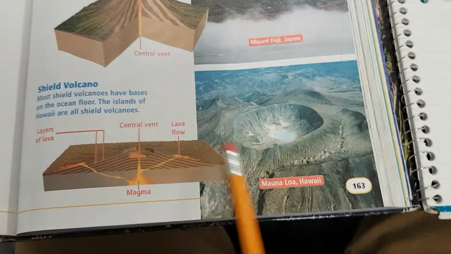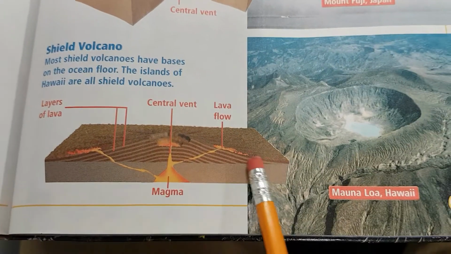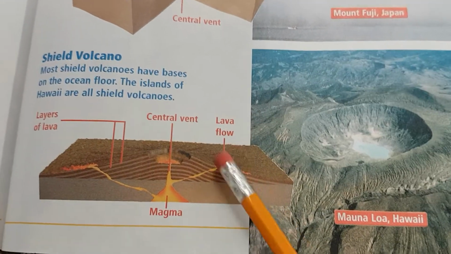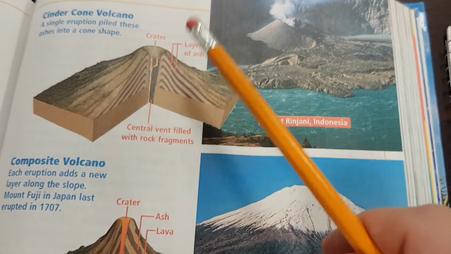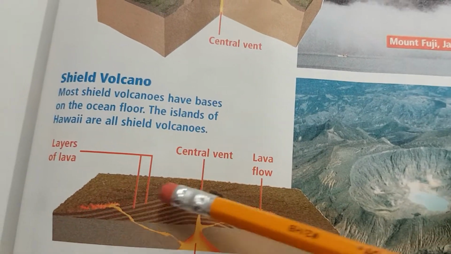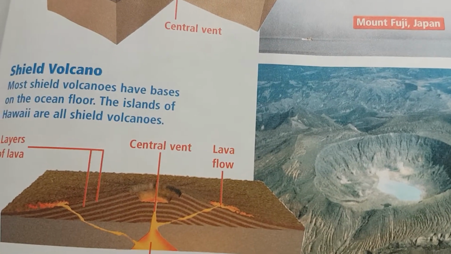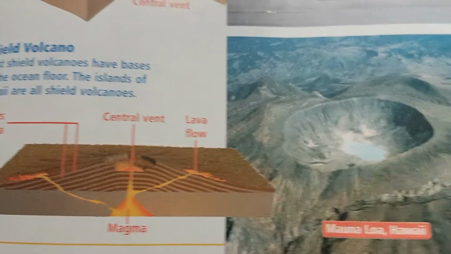Okay, so here's a shield volcano example down here. Notice how it's much shorter and the gentle slope because it's all lava. So instead of big giant piles of ash coming out and piling up quickly, making it steep, the lava just flows out nice and slow and smooth, and it has time to flatten out. So that's an example of a shield volcano.